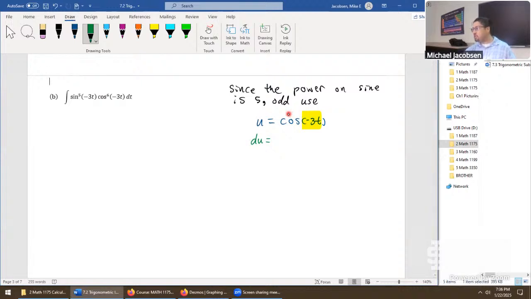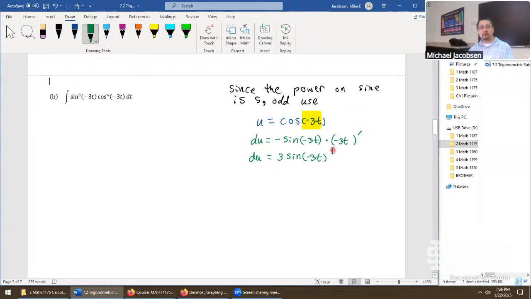Next, the differential of all this is going to be negative sine of its input multiplied by the derivative of the input. In both cases, it's negative 3t. So here we're just using the chain rule to differentiate. Du is now equal to 3 sine negative 3t, where those negatives cancel from this derivative here, giving us just a negative 3.